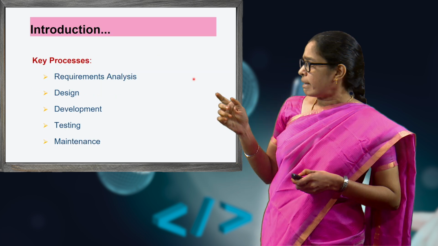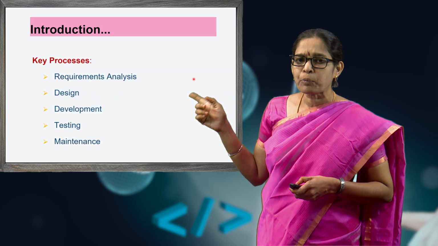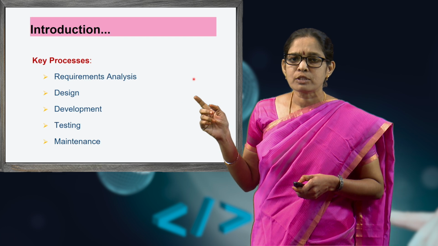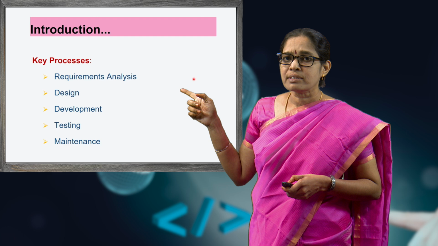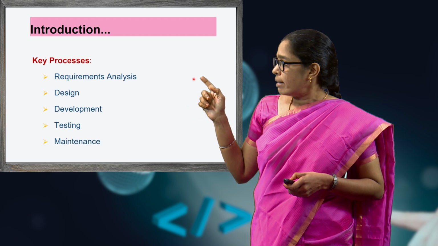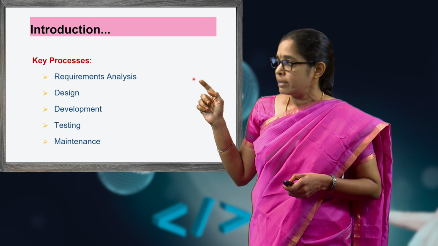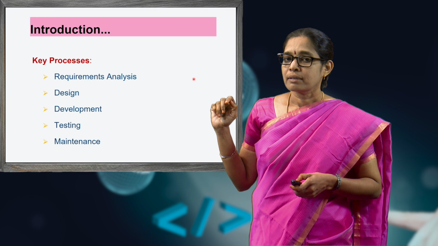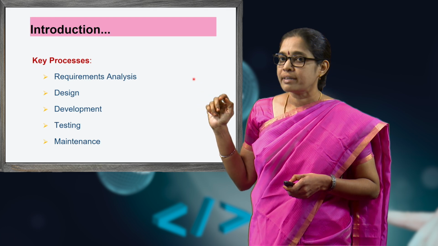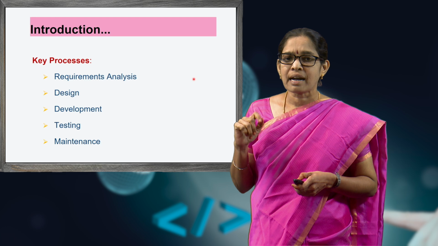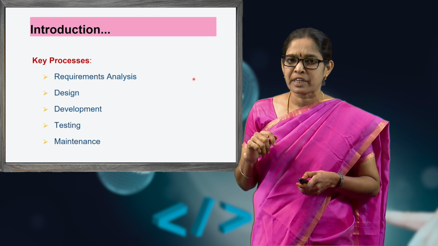These are all the key processes involved in software engineering: requirement analysis, design, development, testing and maintenance. Let's see the concise part of each key process.